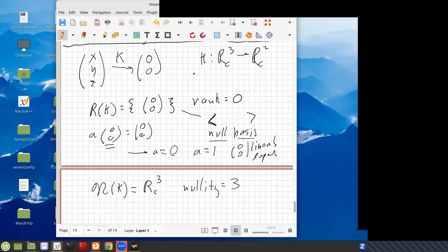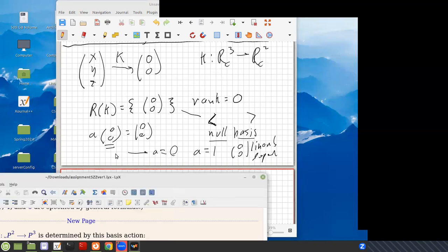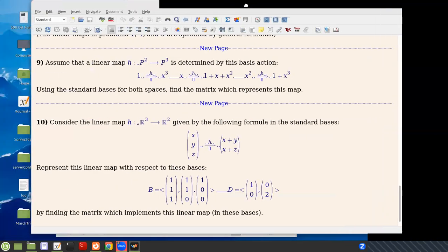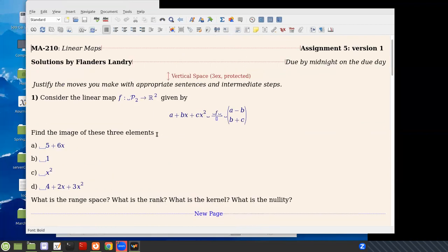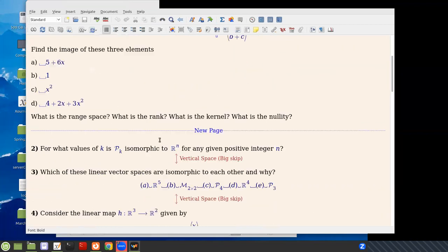Okay, well, we're out of time. What you should do is treat assignment 5 in 2 halves. Problems 1 through 5 you can work on now, because they're all about range space, rank, kernel, nullity.